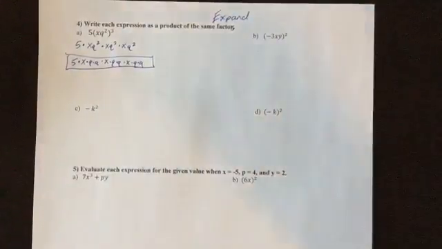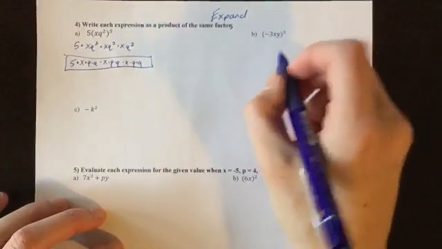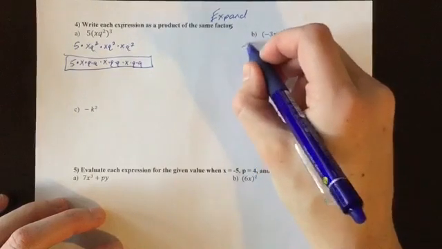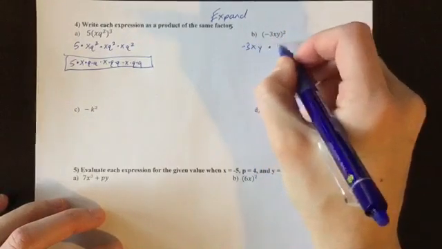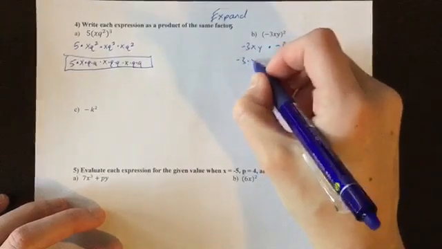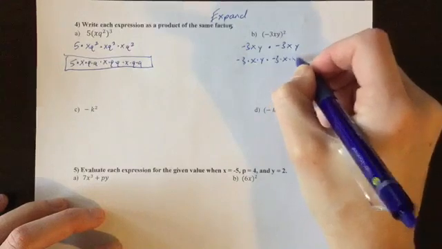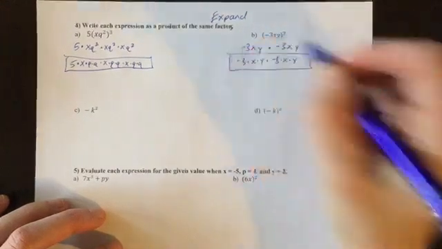When we had the quiz, some of you went and then you simplified. No, just expand. Okay. On B, negative 3xy to the second power, that's going to be negative 3xy times negative 3xy, because the whole thing's the base. Can expand more and show the multiplication that's there hidden in the coefficients. And there we go.